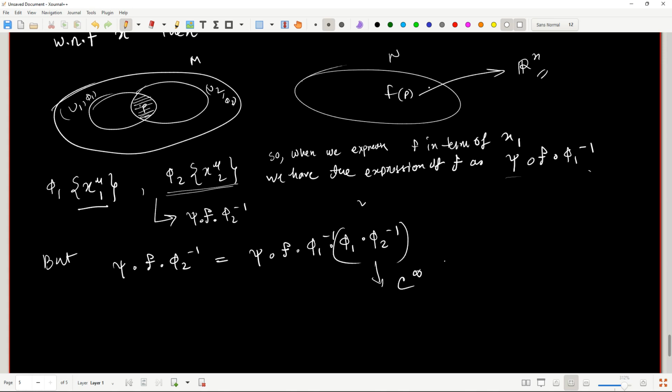So this whole thing has to be smooth regardless of the coordinates. You can even do this in a simpler notation. Let's say you define this map as y equals f of x1, but in the overlapping region you can also write x1 as a function of x2, so you just put that back in, and y can be written as f of x1 of x2. But then again, any transition between x1 and x2 is by definition smooth. So the arguments are smooth and it has to be smooth as well.